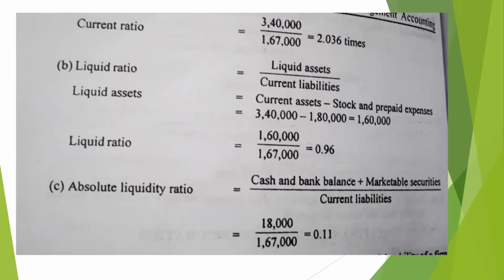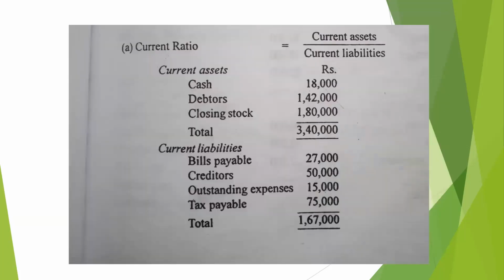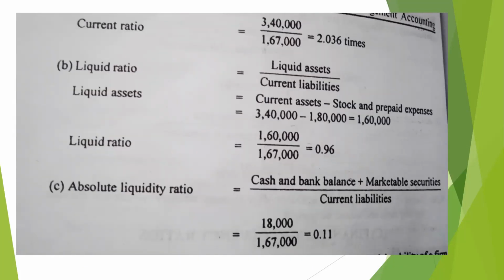The formula for the absolute liquidity ratio is cash and bank balance plus marketable securities divided by current liabilities. So here cash and bank balances and marketable securities, only 18,000 is there. So 18,000 divided by current liability, the same amount used in the above formulas, 1,67,000. So the answer is 0.11.